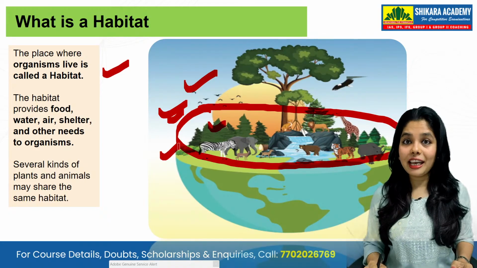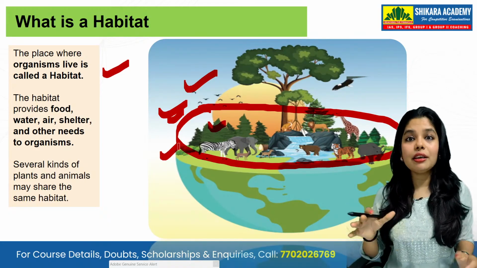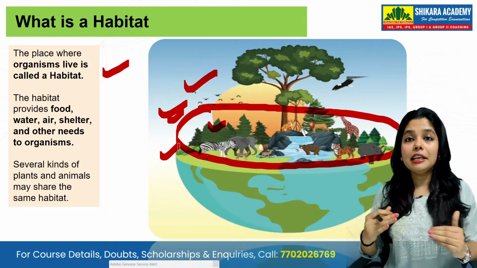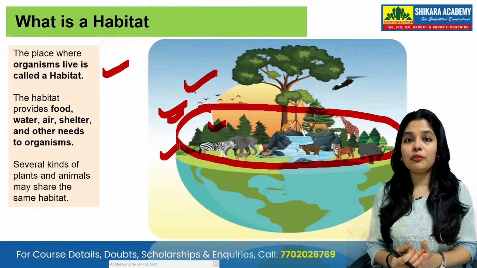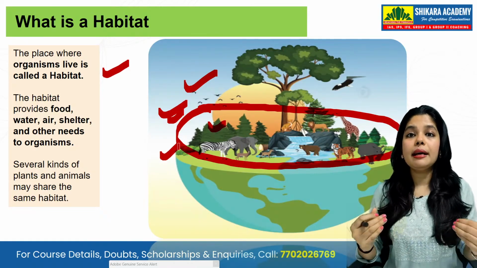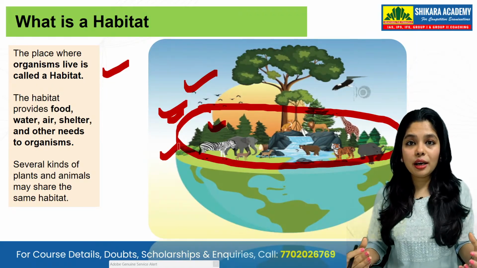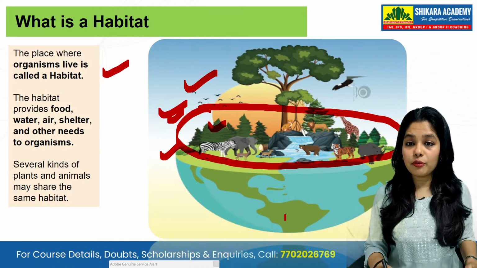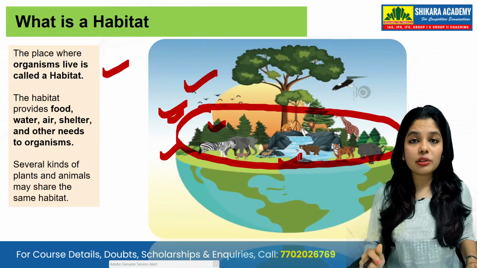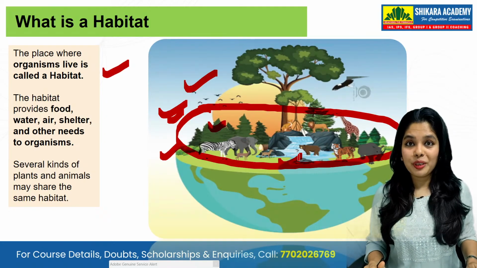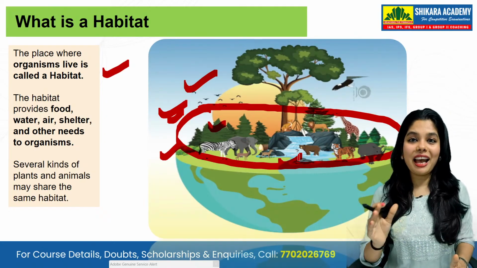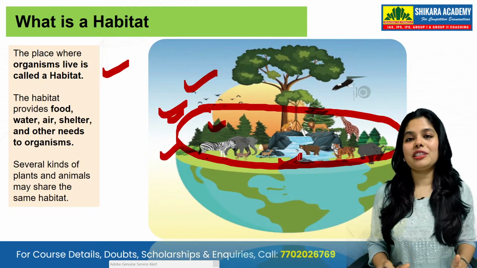They are staying in wildlife, in nature, near the proximity where you will have more and more trees, plants, shrubs, herbs, and certain water bodies so that they can quench their thirst. This is the place where they actually live, the forest area.